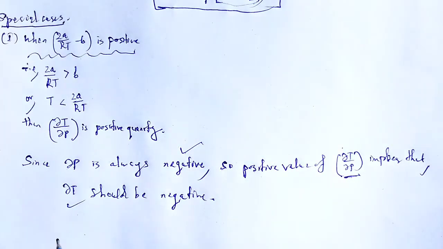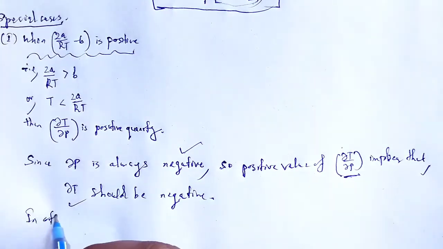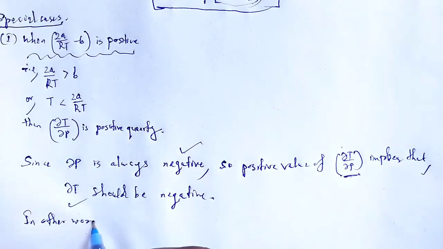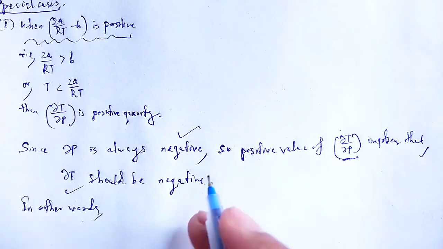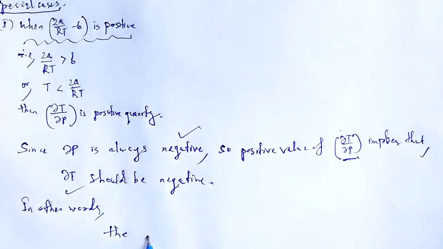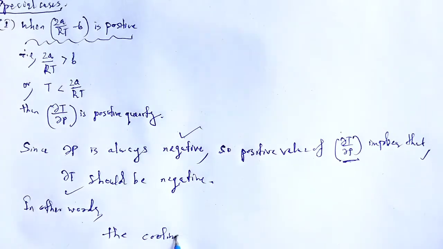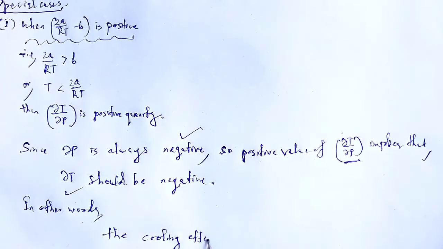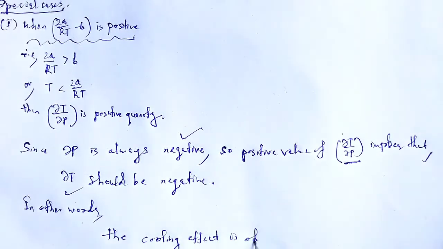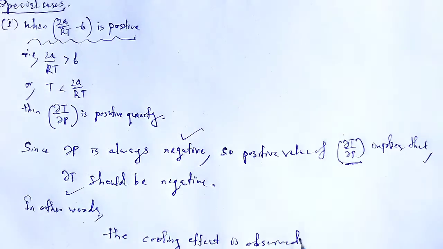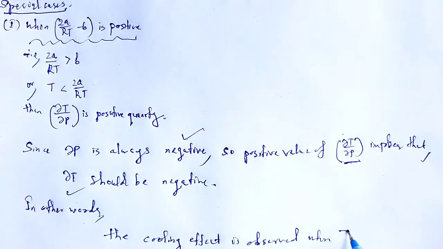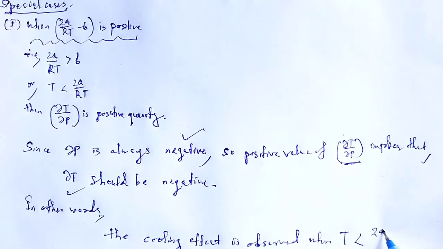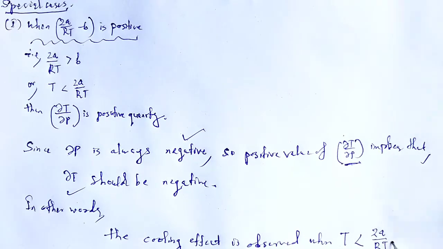In other words, we can say the cooling effect is observed when the temperature is less than the quantity 2a by RB.